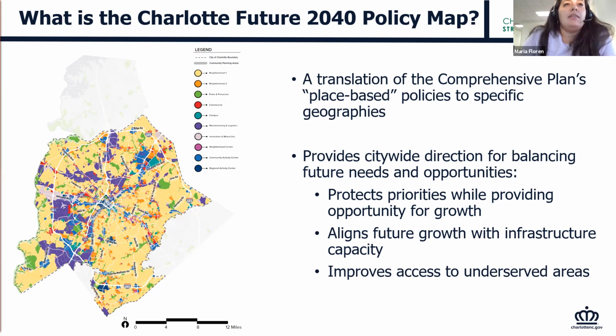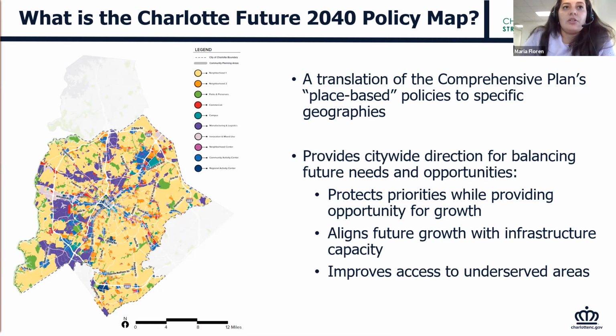When adopted, the Charlotte Future 2040 policy map will replace the city's current policy map called the Future Land Use Map. The policy map provides a comprehensive and citywide direction for how Charlotte will balance both the needs and opportunities that come with future growth. For example, the map will ensure our city can accommodate its projected growth while also protecting features that are important to residents, such as the natural environment and established neighborhoods.